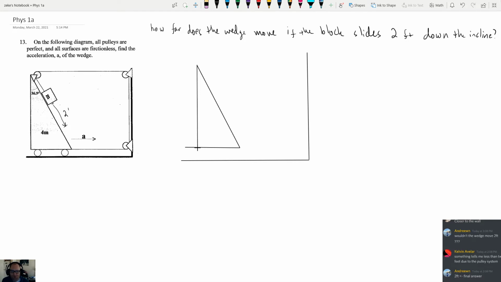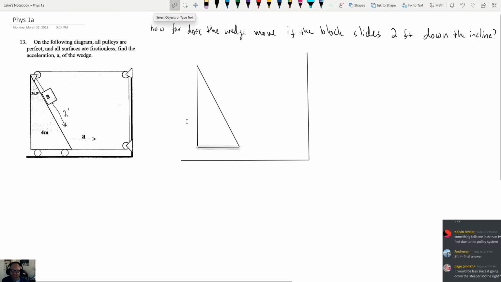If you want to open your mics and talk about it, you can. If you don't feel comfortable doing that, you can write an answer down in the chat, whatever you think. You say it would be less because it's going down the steeper incline? No. Although that's a good idea.